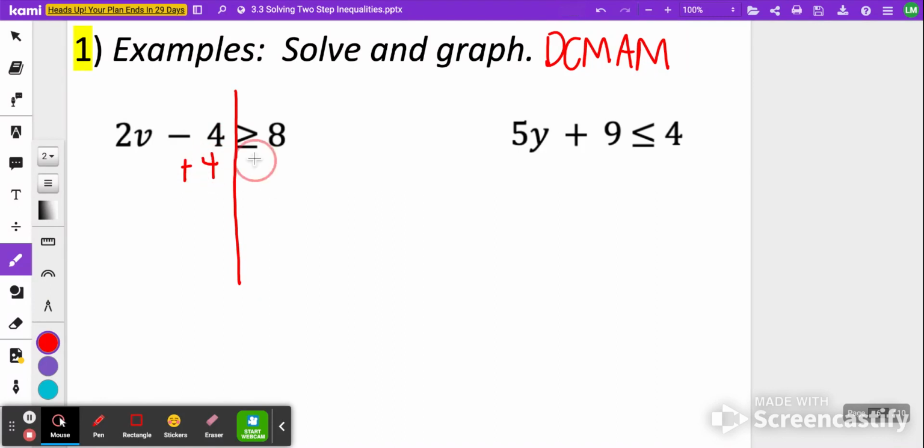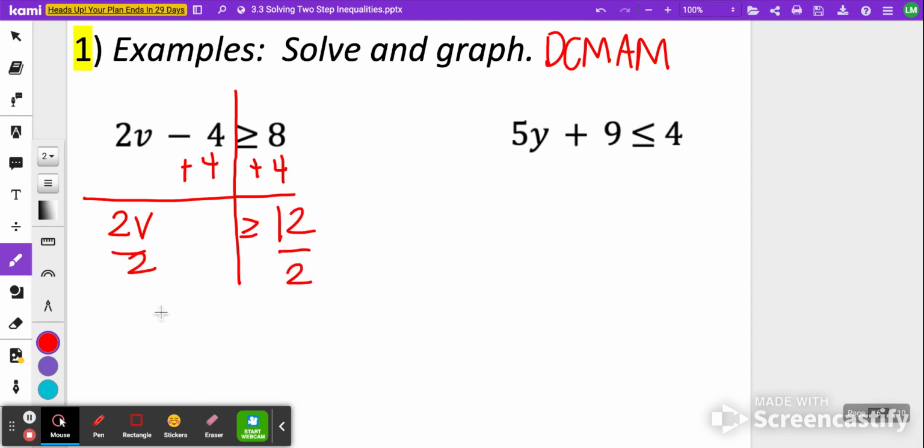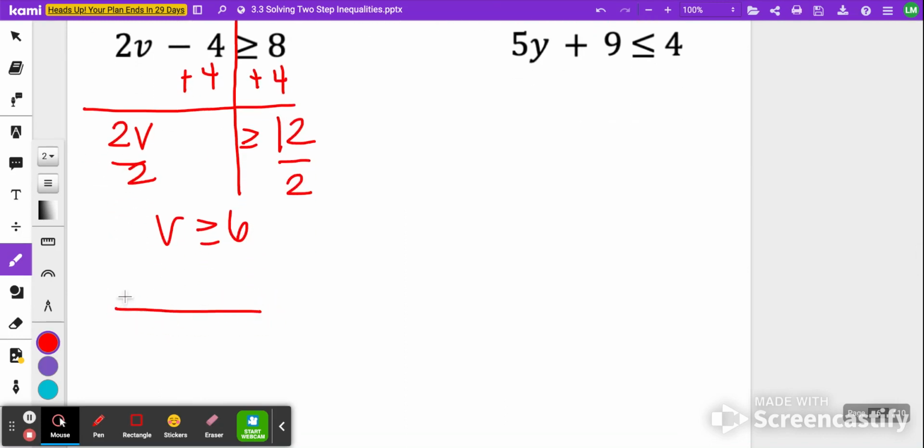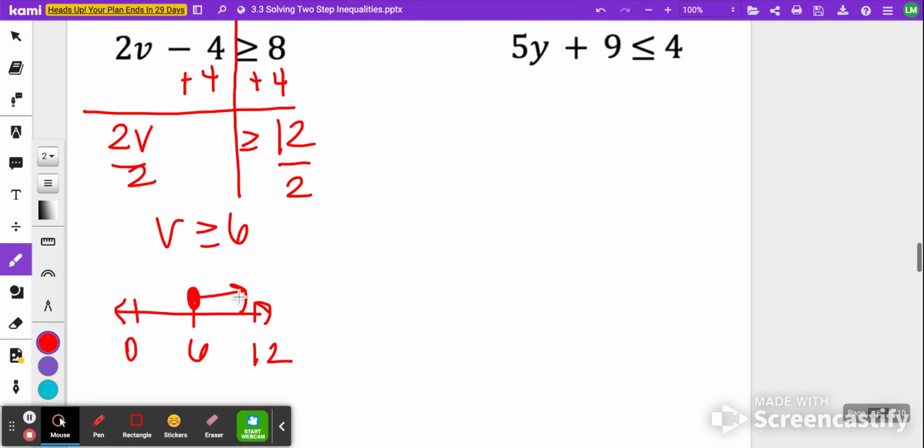I'm going to add 4 to both sides. So I get 2v is greater than or equal to 12, and then I'm going to divide both sides by 2, so that v is greater than or equal to 6. When you graph that, you have 6 there in the middle, you can do 12 to the right and 0 to the left. This is going to be a closed circle pointing to the right.